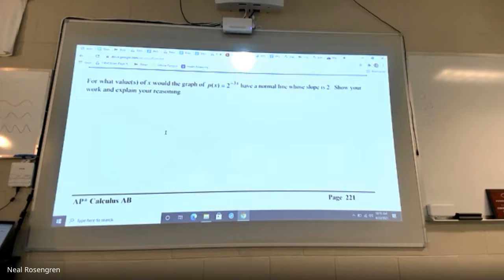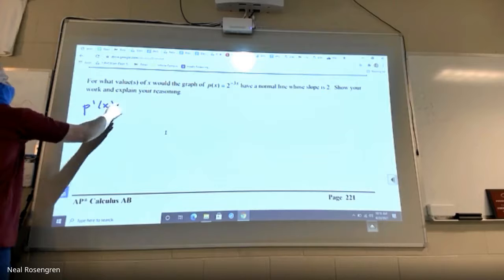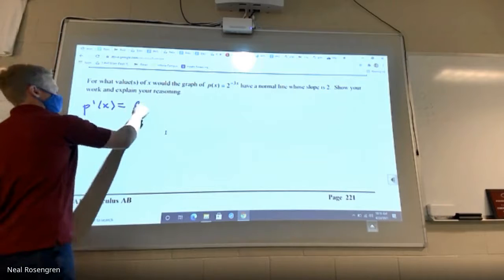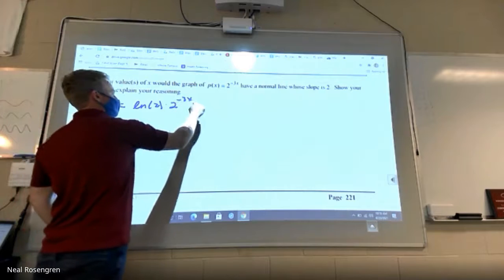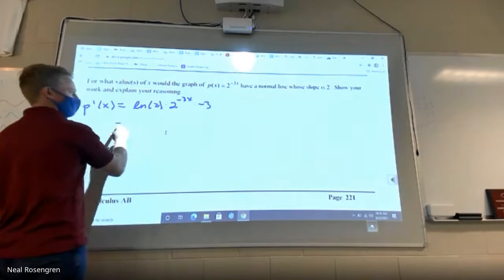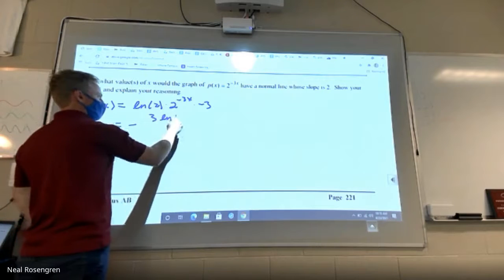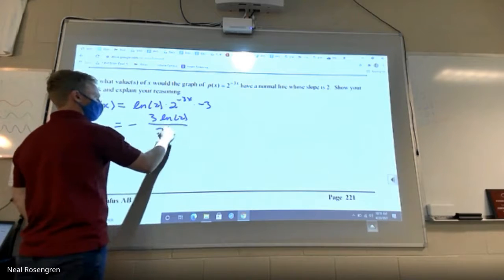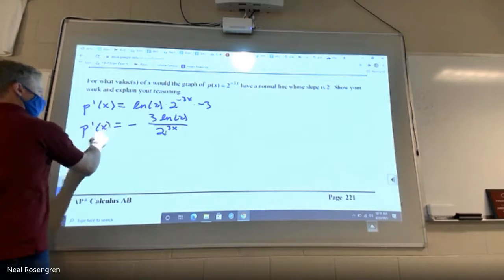Get me back to a tangent line, because if I can find p prime, let's see, ln of 2 e to the -3x times -3, so let's call it -3 ln of 2 over 2 to the 3x. That's my derivative.